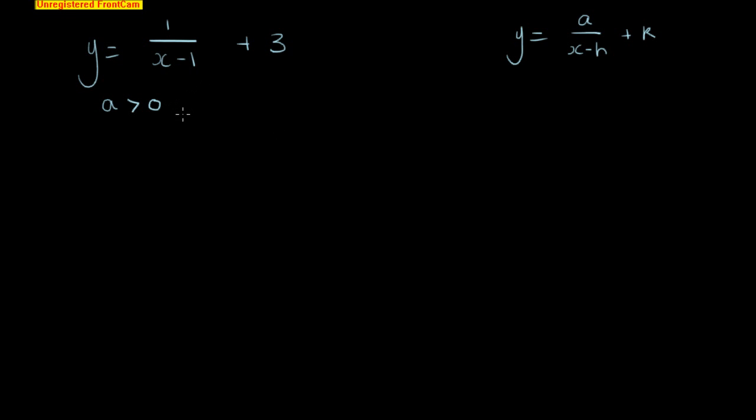We've got an h value, h is 1, so our vertical asymptote will be at x equals 1, and k is equal to 3, so our horizontal asymptote will be at y equals 3.